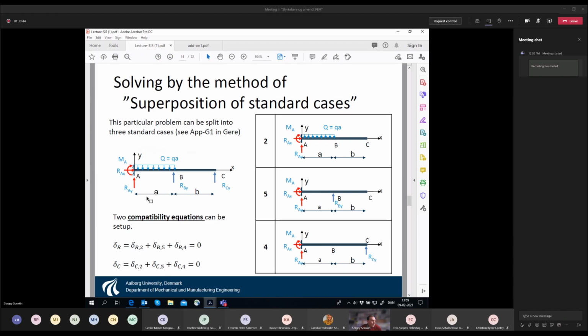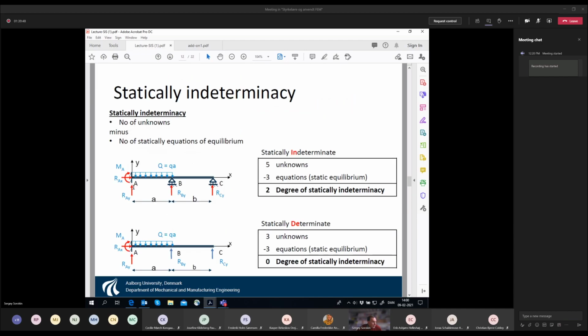In other simple cases, right? For example, if you say that your redundancies are MA and RAY, this guy and this guy, then the additional conditions will be that rotation here must be zero, because in reality it's a clamped point, and vertical displacement at this point also must be zero.